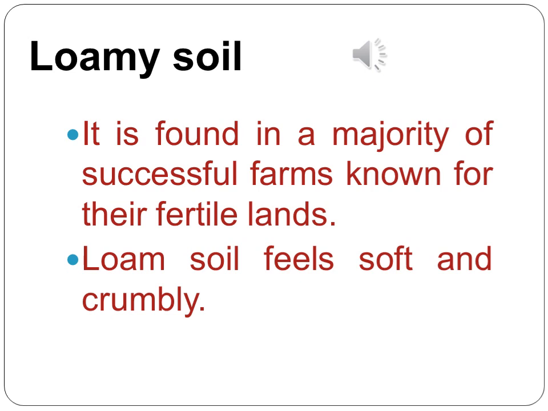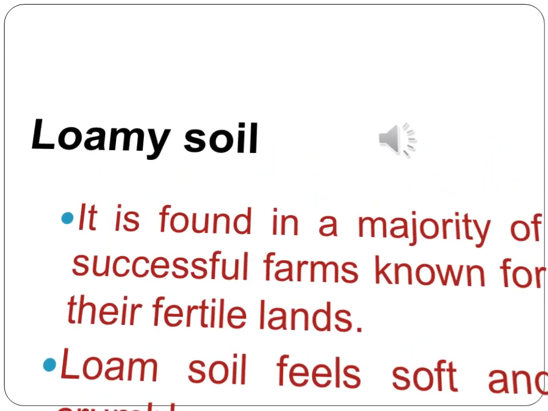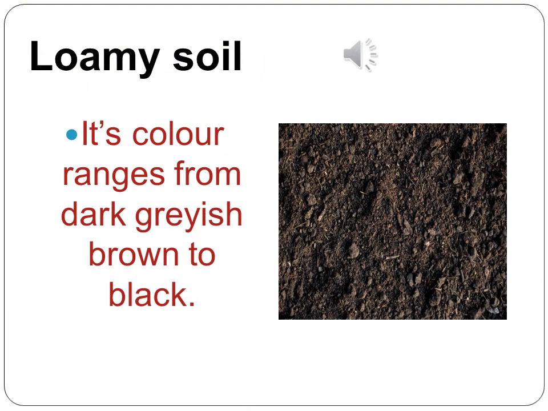If you squeeze the soil ball and it feels spongy, then you can easily guess that it's probably a loam soil. The color of loam soil ranges from dark grayish brown to black.